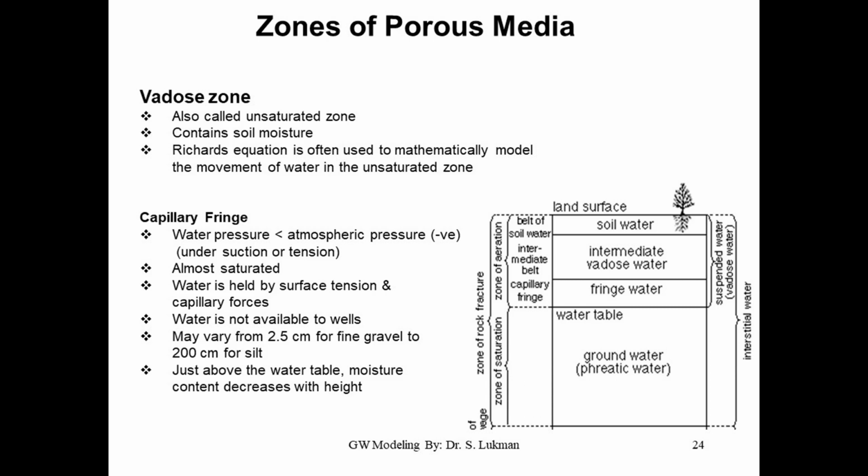And then the moisture content reduces up to the ground surface. Like I said, the dynamics of the unsaturated zone, we'll come back to it later when we look at the contaminant transport aspect. We'll look at it in greater detail, but we are just introducing it now.